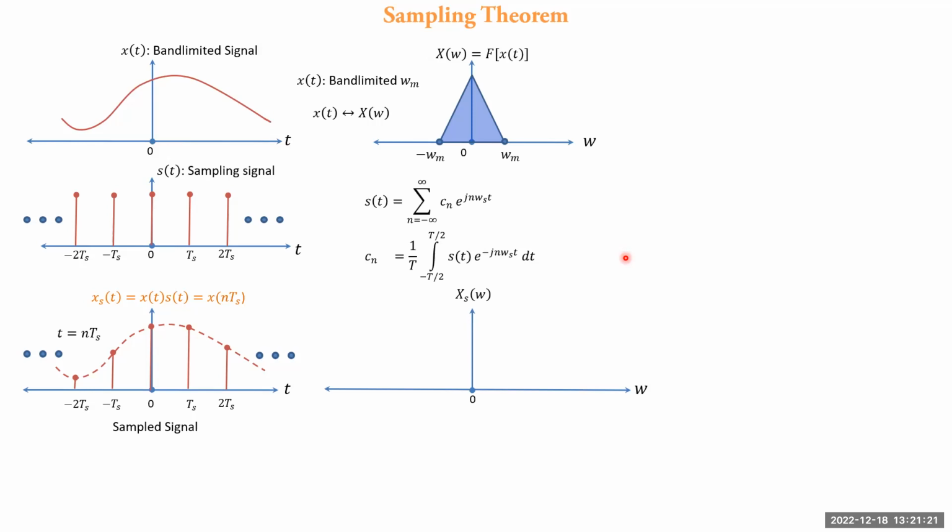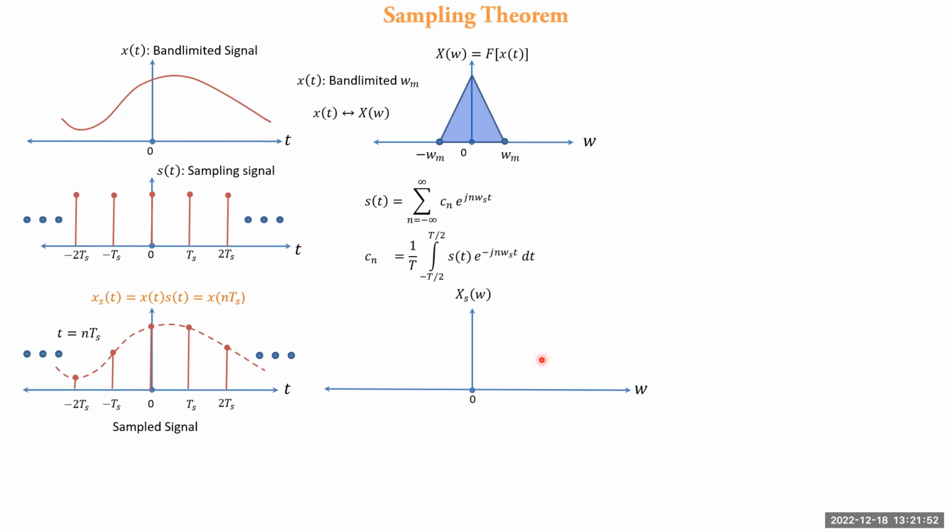That is, what is the requirement to recover the analog signal from its discrete time version, assuming the signal is band-limited. So here, first of all, we'll find the Fourier transform, that is the spectrum, Xs(omega), which is the Fourier transform of xs(t).